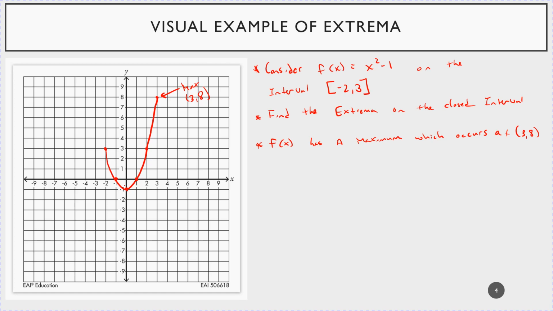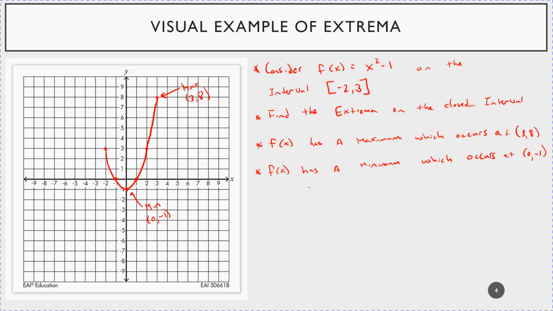And then if you look at the graph, where's the low point, right? And it looks like it's right here, at this vertex of the parabola. So this is the minimum value here, okay? And this occurs at the point 0, -1. So what we can also say then is f of x, the function, has a minimum which occurs at this point 0, -1.